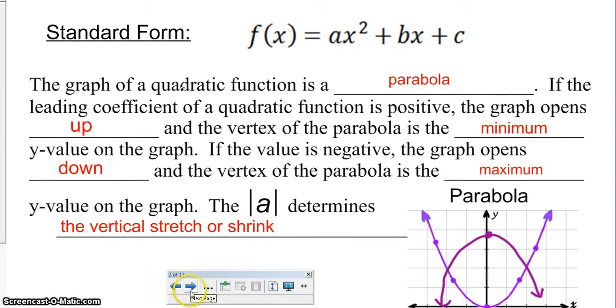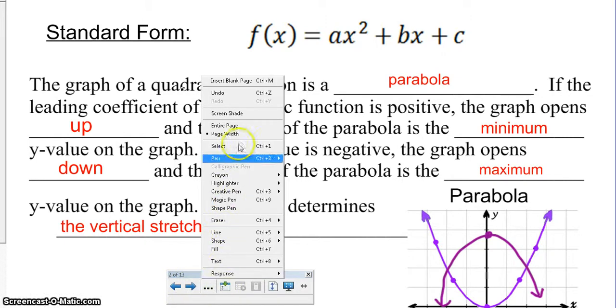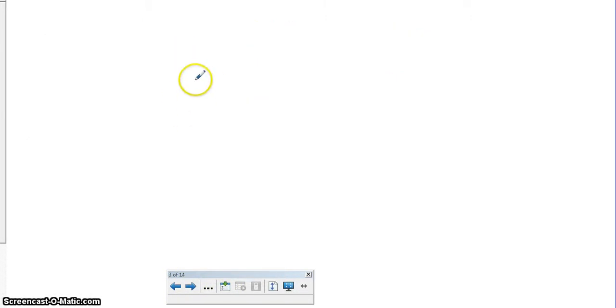So you have two examples which are not actually on my slides here, so we're going to add another page here. You have two examples on your notes sheet: a equals negative 5, and then you also have a equals 1/2. So let's talk about these. Technically, if we're looking at a values in standard form, we're always talking about a vertical distortion, whether it be stretch or shrink.